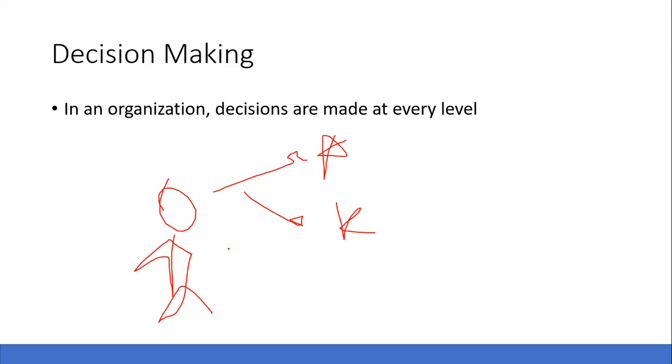There are different levels of decision making. It might be very entry level. As an example, you might join as an intern within next year, or at the end of this year you might start your internship. You are involved with organizational decisions.